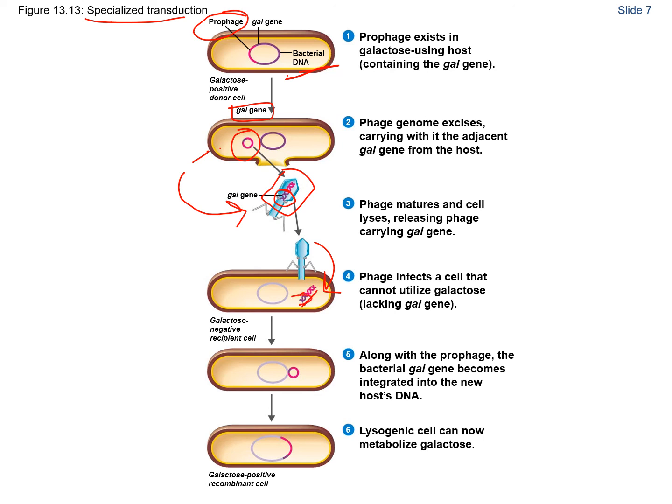So when the next prophage is formed, it's not only the phage DNA, but also that bacterial gene from the original host. And so now this bacterial cell has acquired the gene from the original host. So again, the phage is transmitting bacterial genes from one bacterium to another.